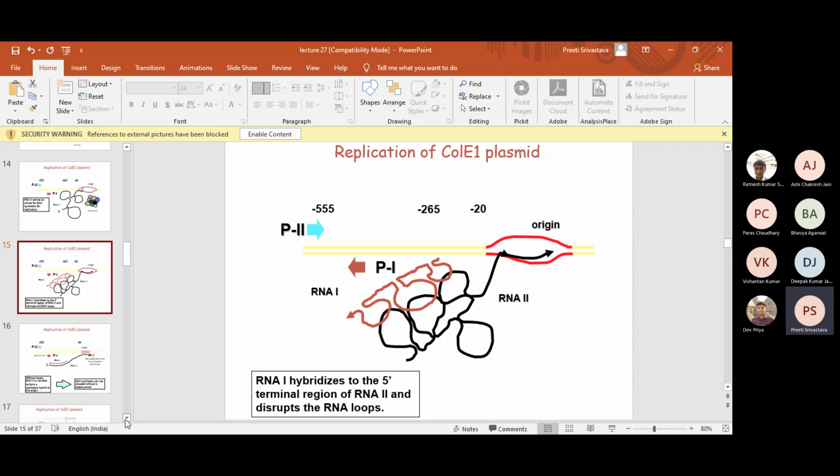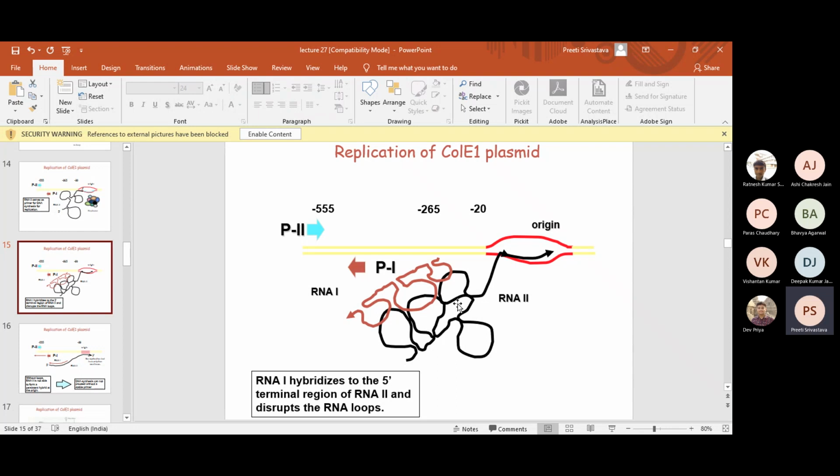So therefore this mechanism works only when the RNA2 length is between 100 to 360 nucleotides. The other point is that the RNA1 and RNA2 hybrid which is formed over here is stabilized by a protein which is called ROP.